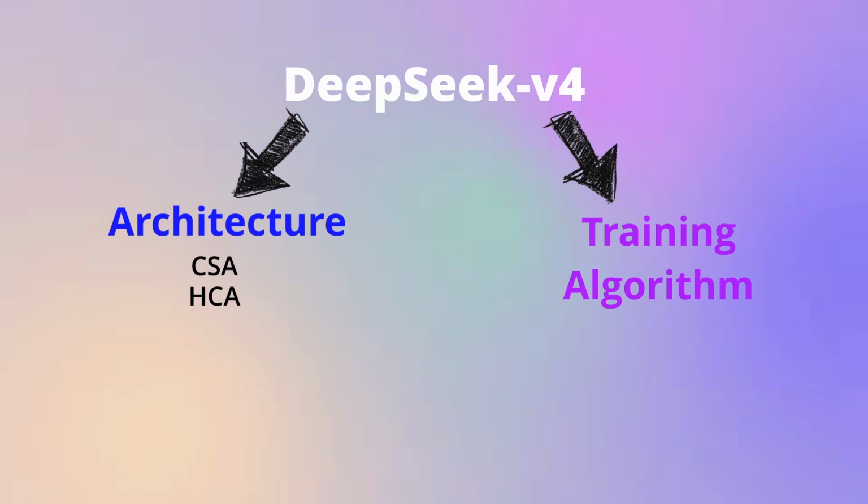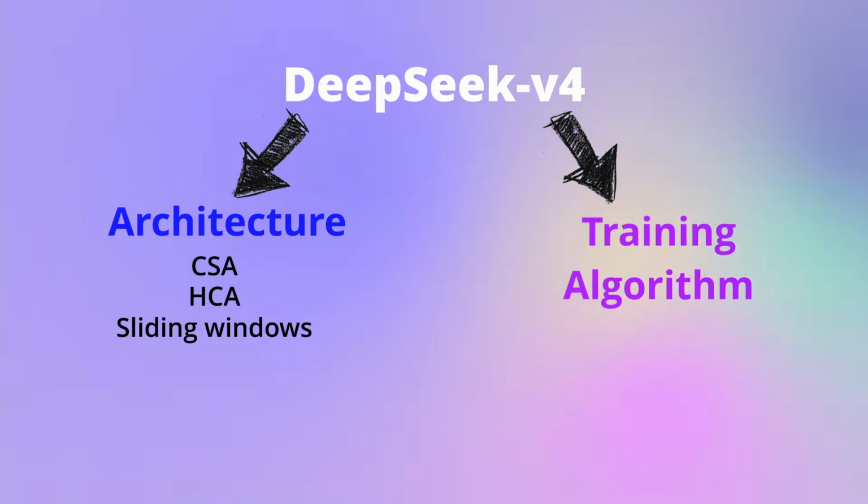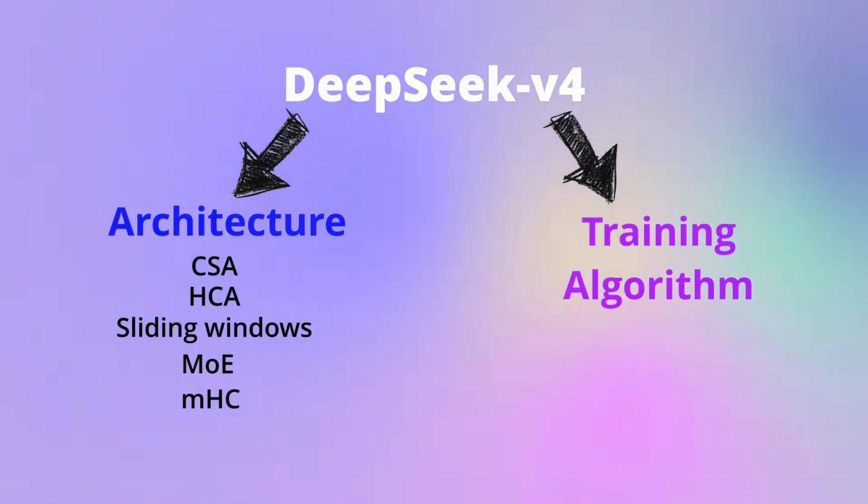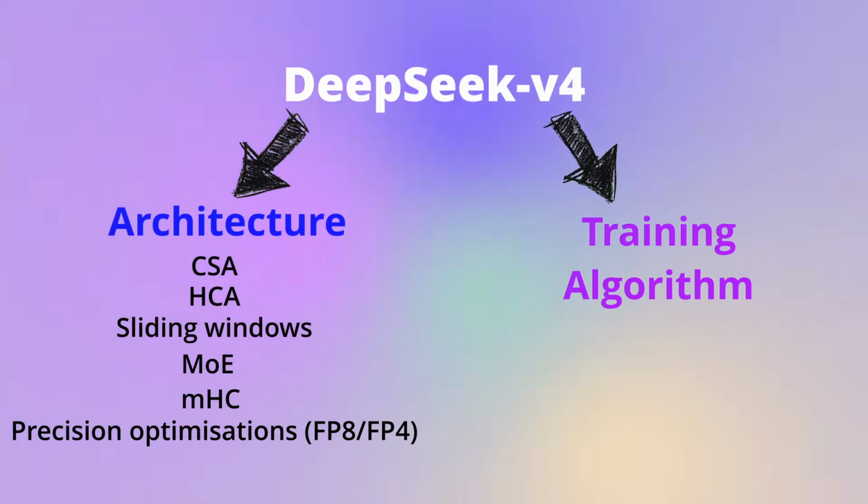HCA pushes compression to an extreme for layers where sparse selection is not needed. Sliding windows preserve local coherence without inflating the key-value cache. MOE gives immense capacity while keeping per-token compute moderate. MHC keeps deep networks stable, enabling the model to scale in depth without training instability. And precision optimizations further shrink memory and accelerate computation.